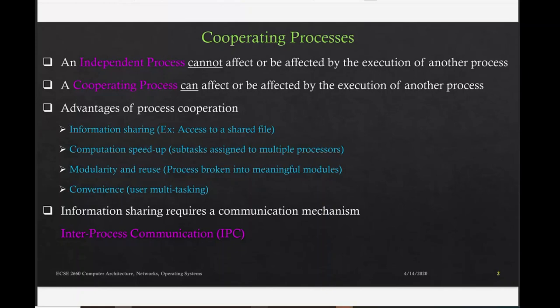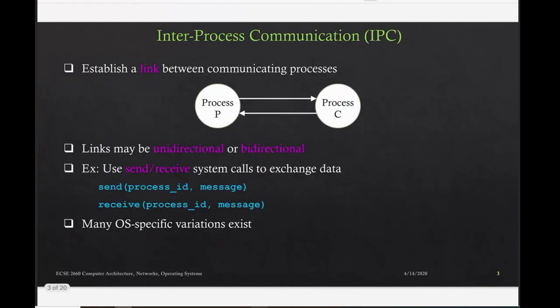So we need privileges. In kernel mode, in a privileged mode, sure, you can do that, but we are talking about user processes right now. So for all this information sharing to occur, we need a communication mechanism, which is what we are talking about in inter-process communication. We'll take a look at many different ways this IPC can happen.